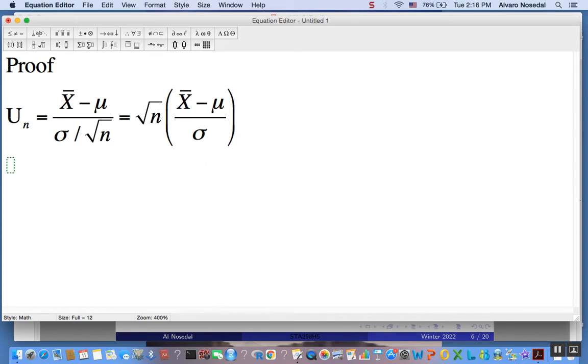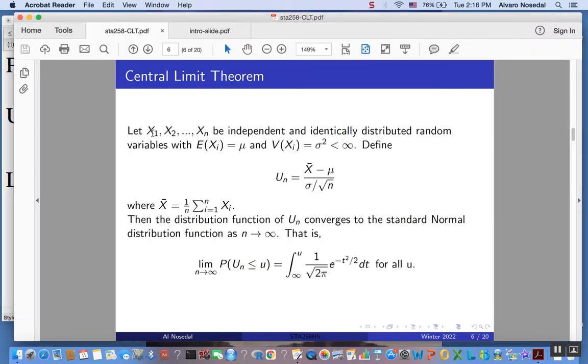Now, as I said, we would like to re-express un, our transformation of interest, in terms of a sum of random variables that have a mean 0 and a variance 1. It will be very useful. So let's define a new random variable, which is basically standardizing our x's. x1 has mean mu and variance sigma squared.